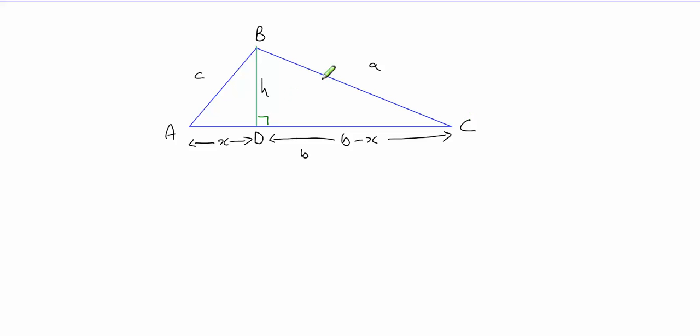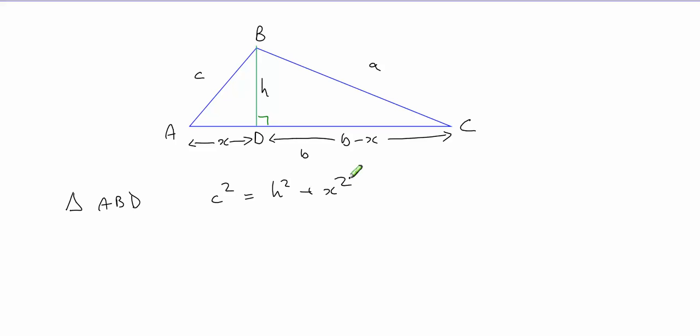Now in triangle ABD, it's right-angled, so we can use Pythagoras' theorem, and we can say that the hypotenuse c squared is equal to h squared plus x squared.